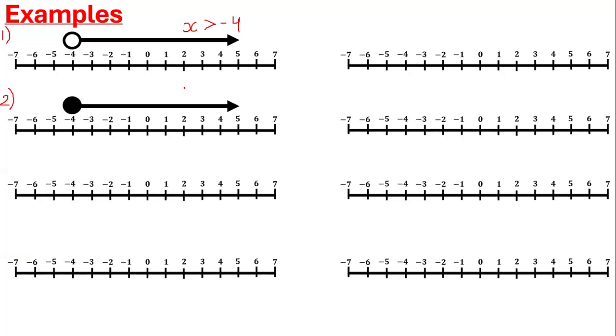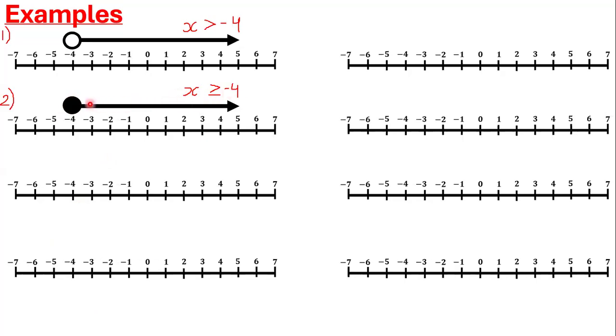Not +4, but X is what? X is going to be greater than or equal to what? -4. Not or 4, just X is greater than or equal to -4. Now, why is this the case? What does this mean? This means that inside our solution set, we're going to include -4, so -4 does satisfy this inequality.